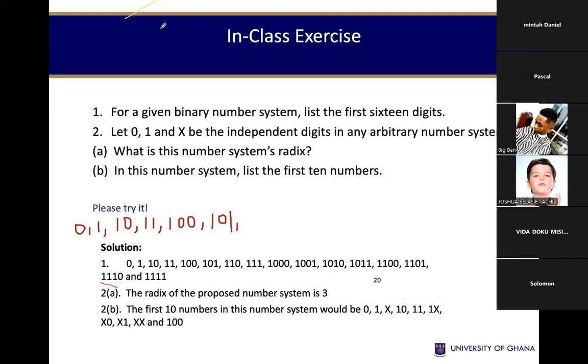I saw another hand up. Minta Daniel. Yes, sir. I wanted to ask, by listing the 16 digits, what if the 1, 1 comes maybe before the 1, 0? Will I be wrong? If you write the 1, 1, which one?